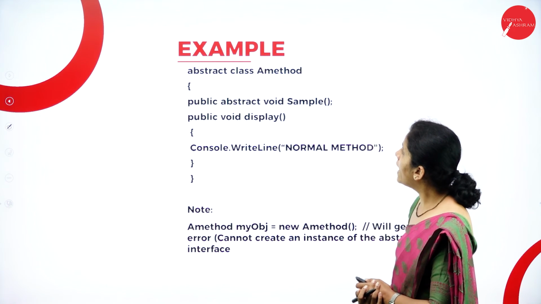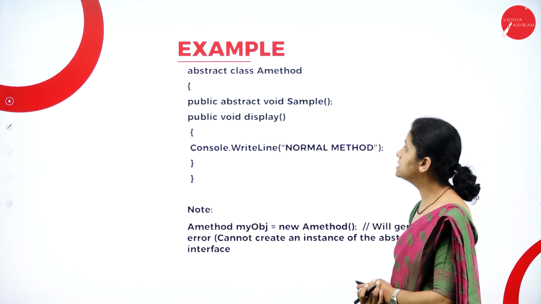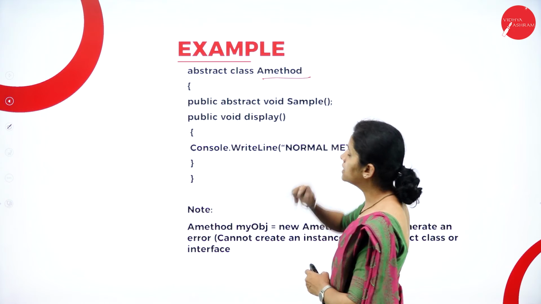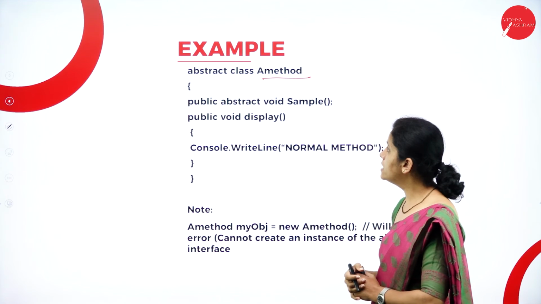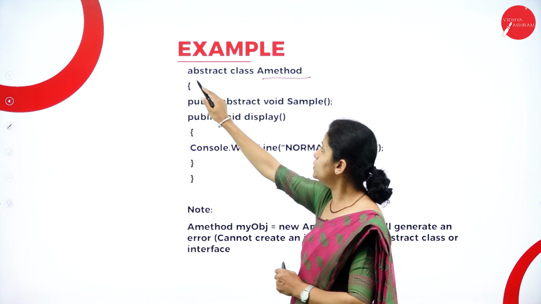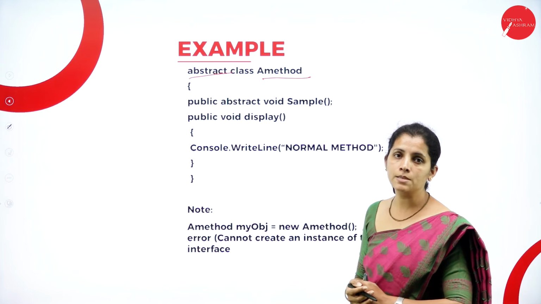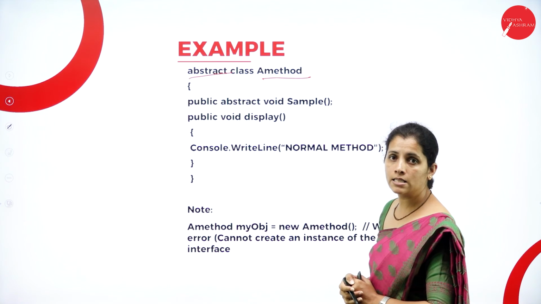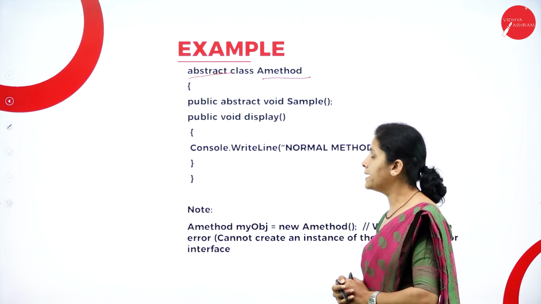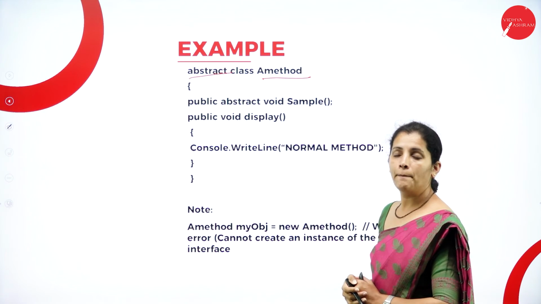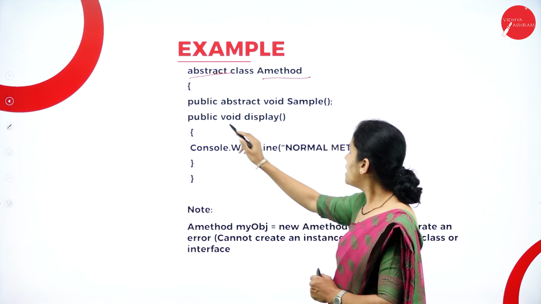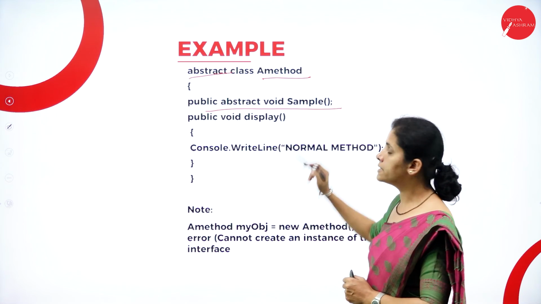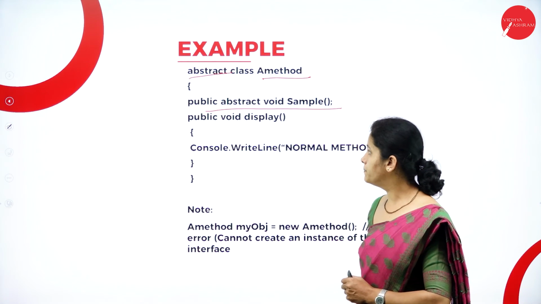Now I have another program on abstract class. See here, I'm going to create an abstract class by using the abstract keyword. What is my class name? That is AMethod. And I'm going to create an abstract method.